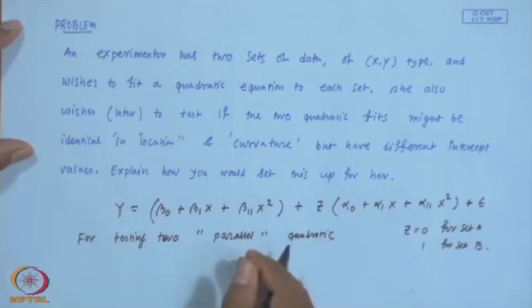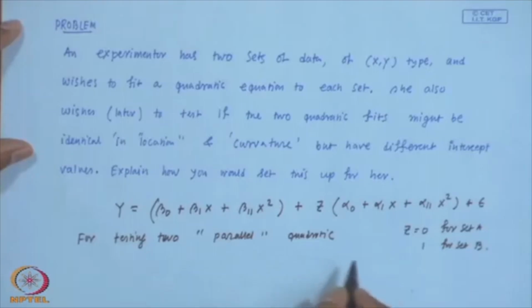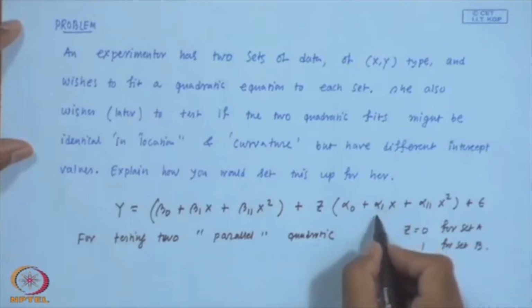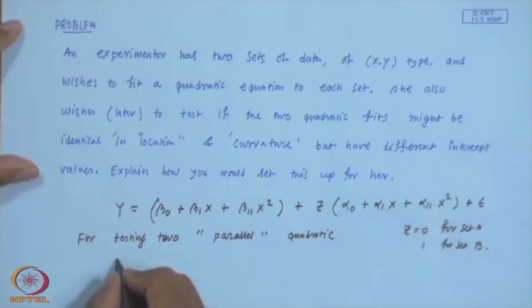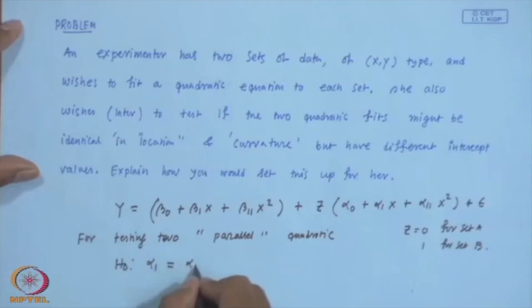What do you mean by parallel quadratic? They have the same location and curvature, only they differ in the intercept. What you have to test is whether alpha 1 is equal to alpha 2, that is, you test the hypothesis that alpha 1 equal to alpha 2 equal to 0.